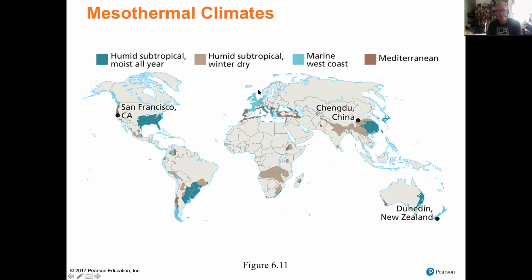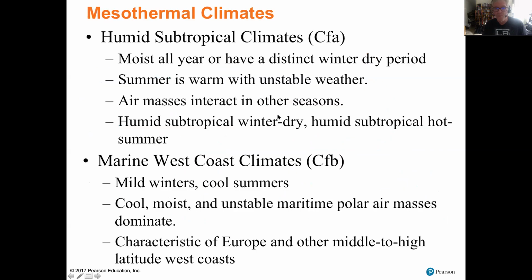Then the marine west coast is over here, up here and over here. The warm water circulates and cools down, but it's still warmer than the air temperature, so it moderates the temperatures in these conditions. And then Mediterranean, where you have cool, moist winters and hot, dry summers. That's pretty much where we are here in Southern California, and also the Mediterranean area of Southern Europe.